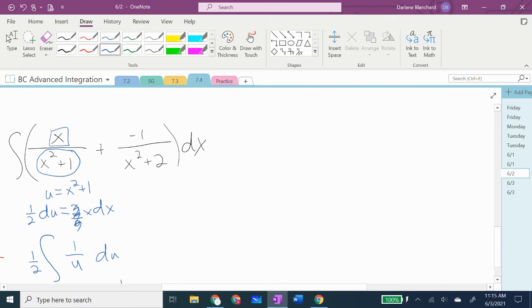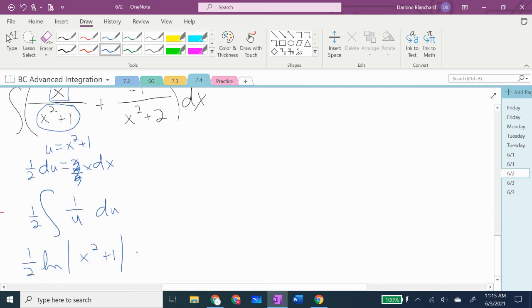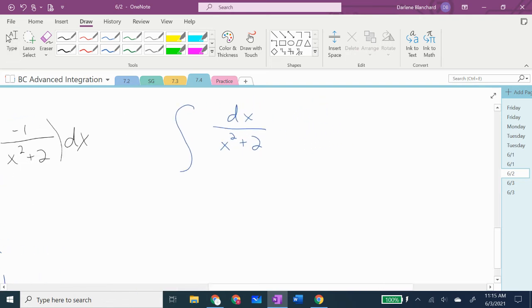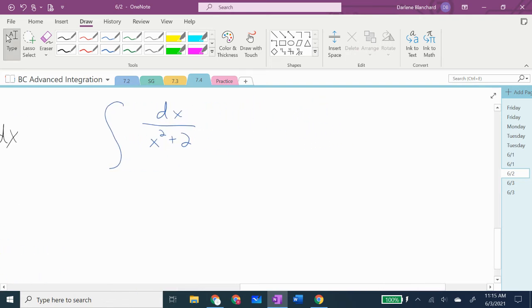Now, for this second one, I'm going to write minus, and then I'm going to focus in on the fact that I am working with dx over x squared plus 2. With trig substitution, I'm thinking about what is the function being squared, what is the number being squared, that are brought together in an addition or subtraction relationship.